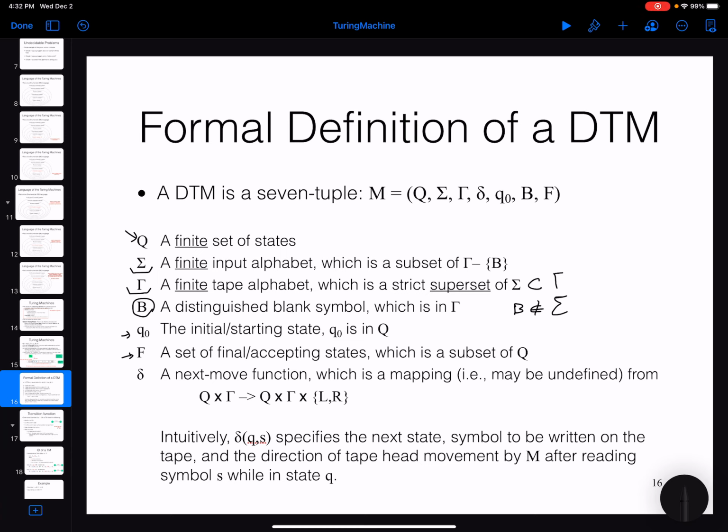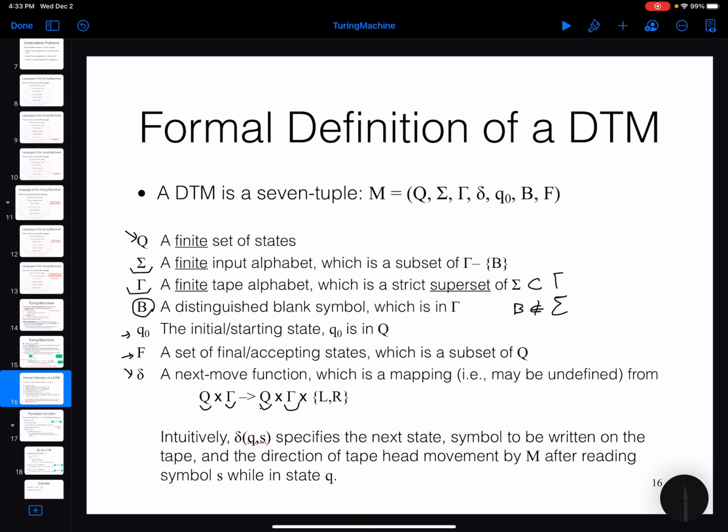And there is going to be a transition function. The transition function takes the specific state you are in and the next input symbol that you are reading, and from this you move to another state, one of the states from the set Q, and you write something over the tape.